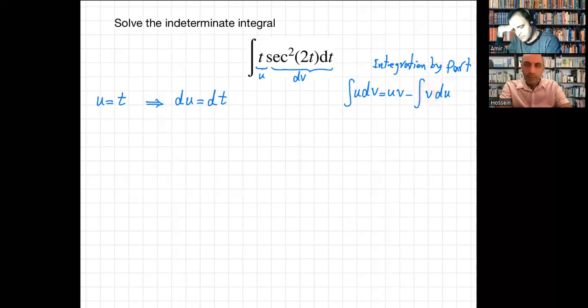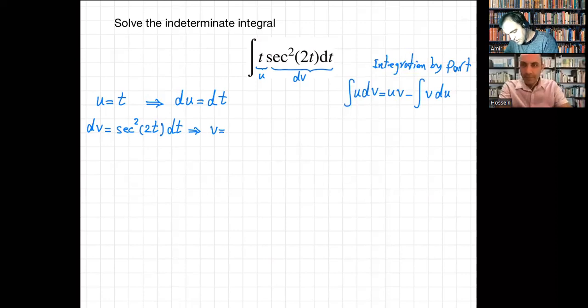So for the second function, dv is equal to secant squared of 2t dt. So we want to obtain a v. Do you remember the integral of secant squared, or the derivative of? Yes, I believe so.